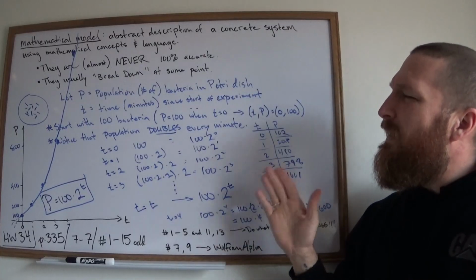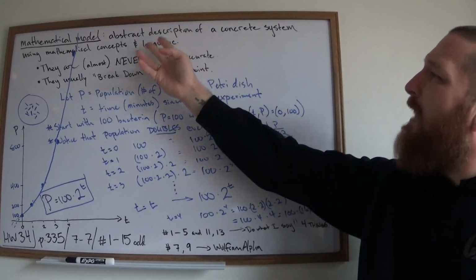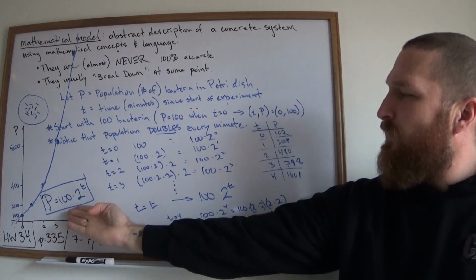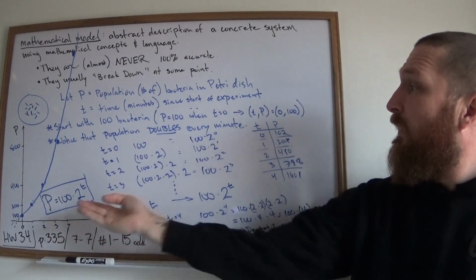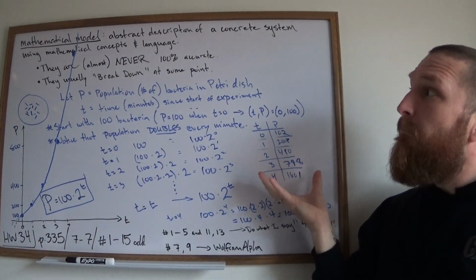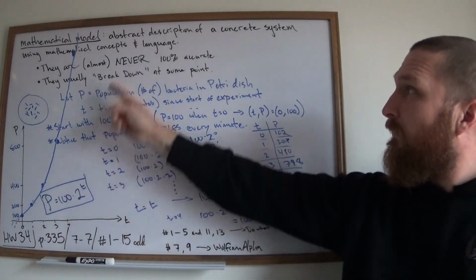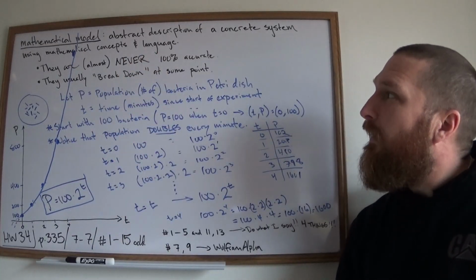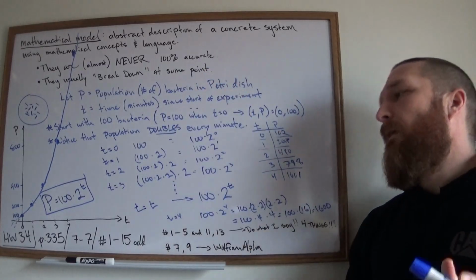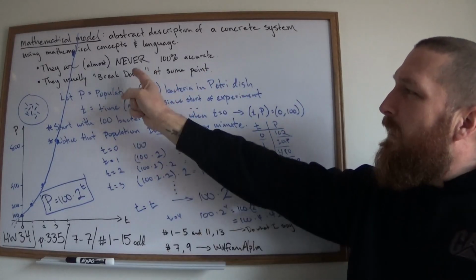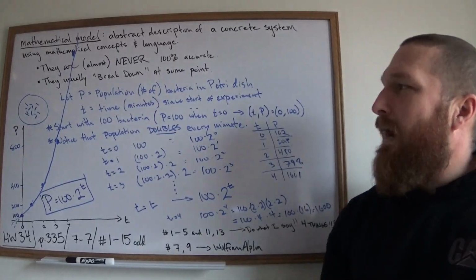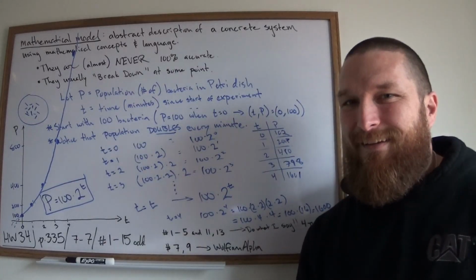And so a model is an abstract description of a concrete system, using mathematical concepts and language. It's not 100% accurate, but maybe it's good. Models usually break down at some point. And this is what I want to show.